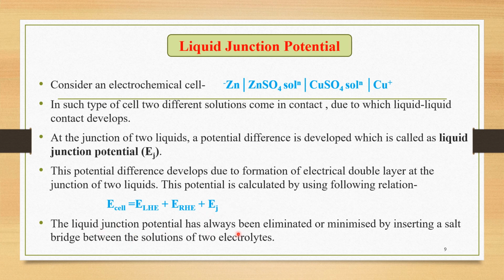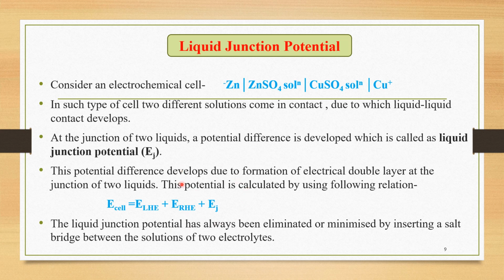The liquid junction potential is always eliminated or minimized by inserting a salt bridge between the solutions of the two electrolytes. Now the question arises: whenever we want to minimize or remove the liquid junction potential, what do we have to do?